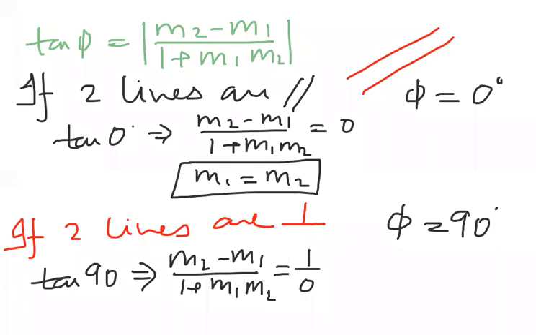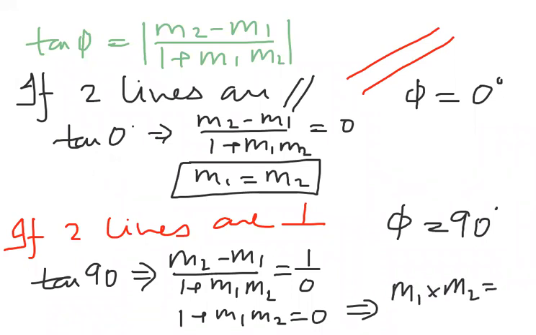With cross multiply, what I'll get? 1 plus M1 M2 equals to 0, or it implies M1 into M2 equals to minus 1. Means product of the slopes of two perpendicular lines is minus 1.